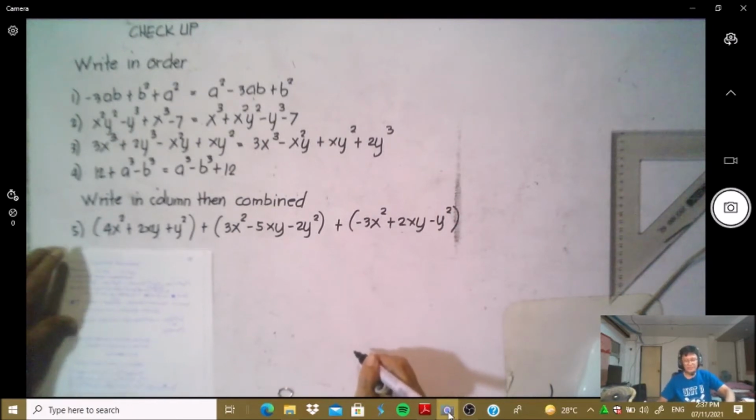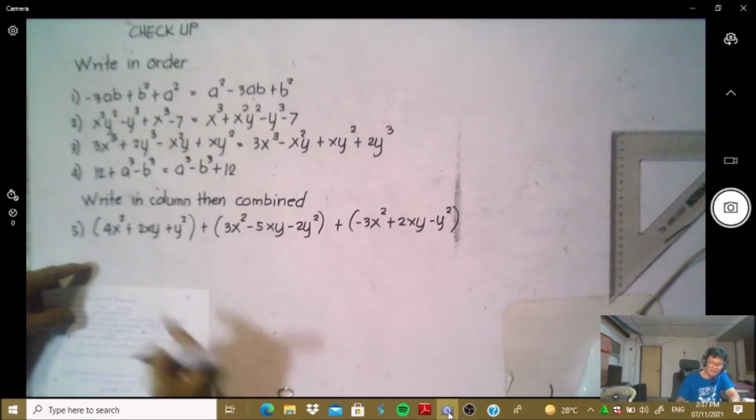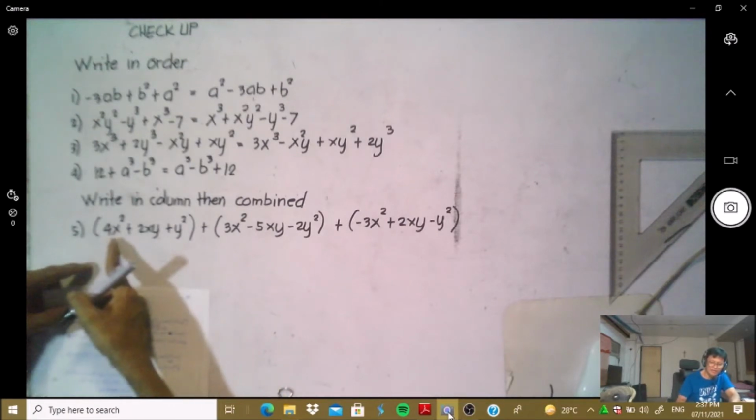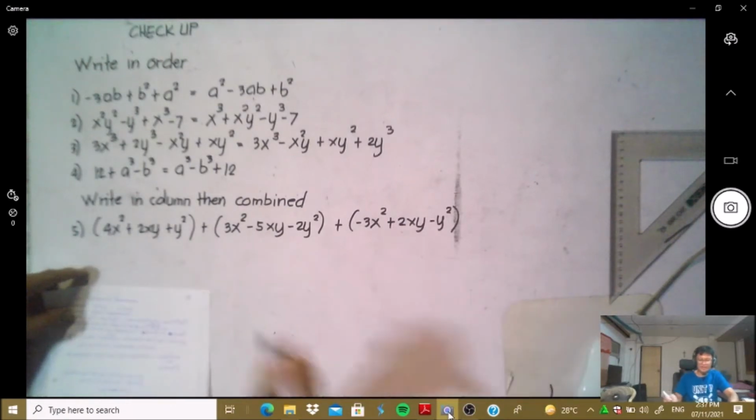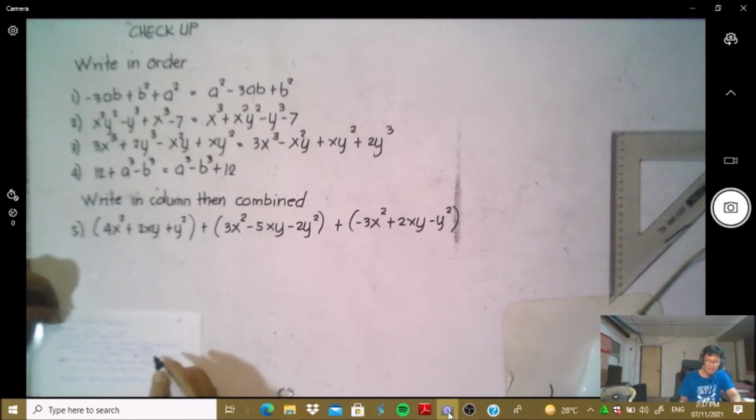Okay, so we have three trinomials, and it is already arranged in order. We have x squared, xy, y squared. The best solution to this is really to combine this in column.